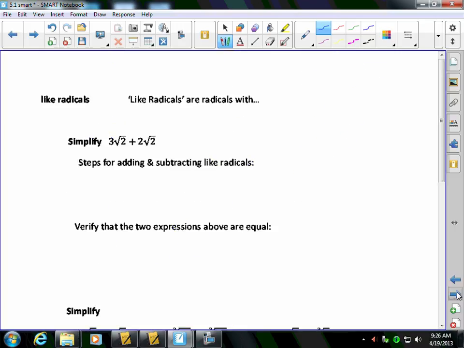Okay, so that was the review stuff. Now we're going a little bit further, and I think you did a little bit with adding and subtracting in grade 10. So like radicals are radicals with the same index and the same radicand.